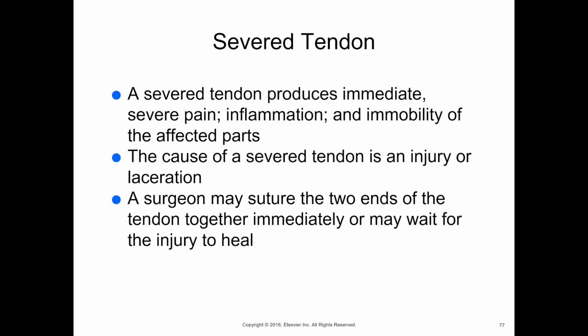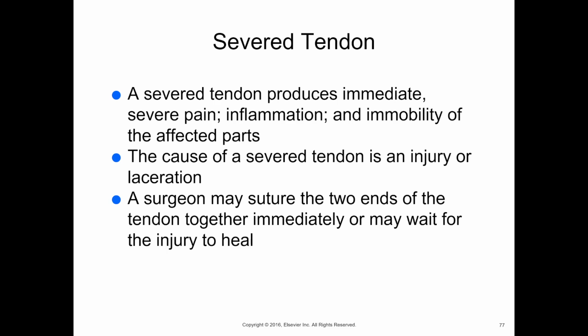Severed tendons. So again, this is like a grade 3 injury to the tendon. What you're going to get is muscular retraction. You get, this is a complete injury. A lot of times you see severed tendons in the hand or the feet related to sharp object injuries, like stepping on something sharp, or knives where you're cooking in the kitchen and you sever through a flexor or extensor tendon of the hand.